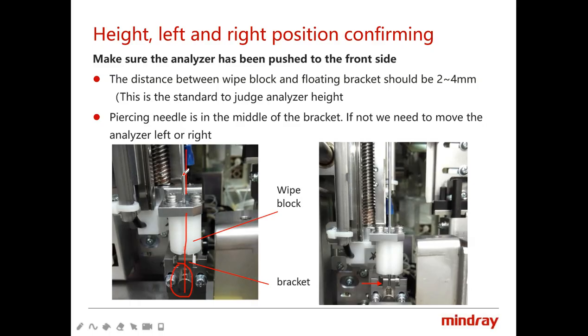And the height, we need to guarantee the gap between the lower surface of the white block and the top surface of the bracket is about 2 to 4 millimeters.